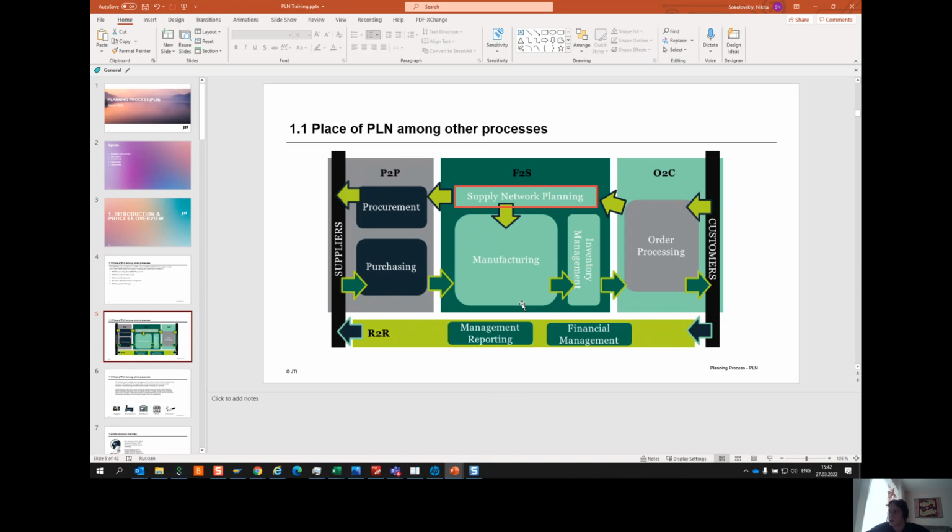Then when we consider all that, we can start producing the finished goods. And when finished goods are already produced by the machines, when we have the stock keeping units on stock, finished goods go through the O2C, or order to cash, process.